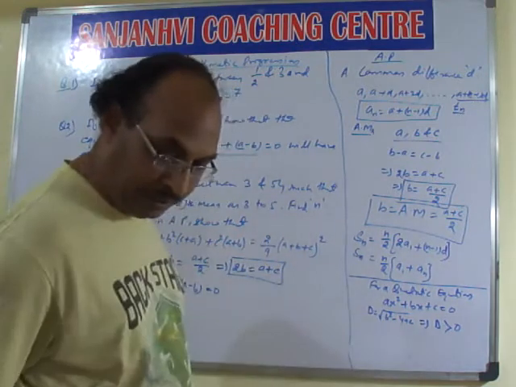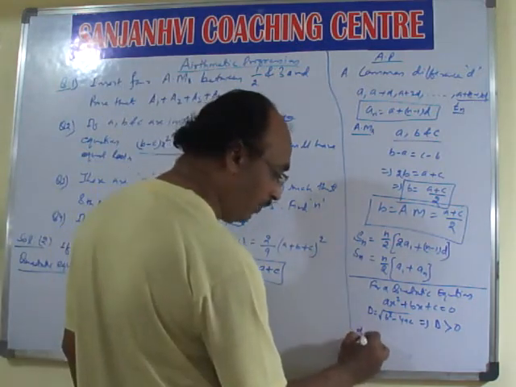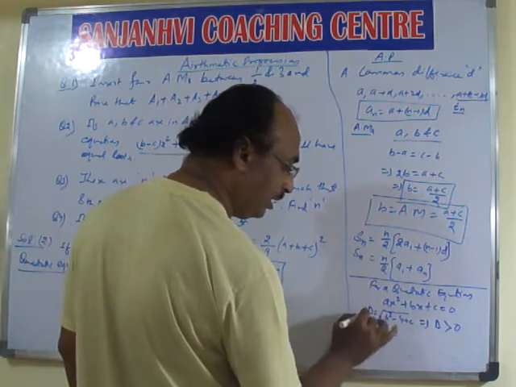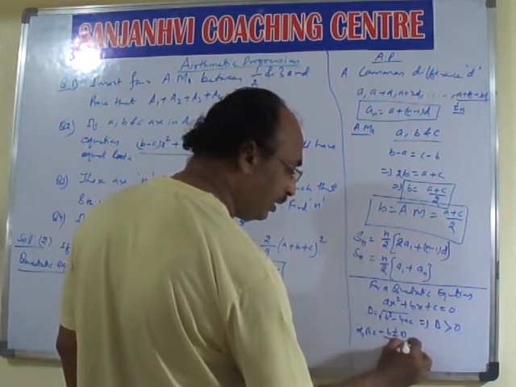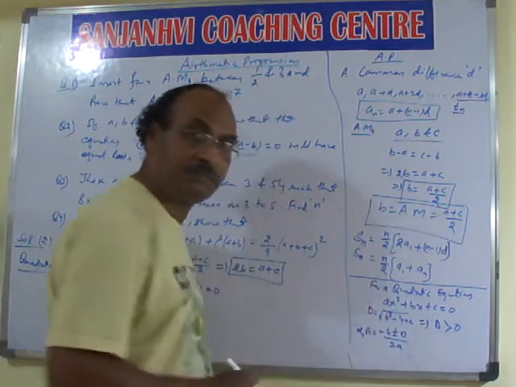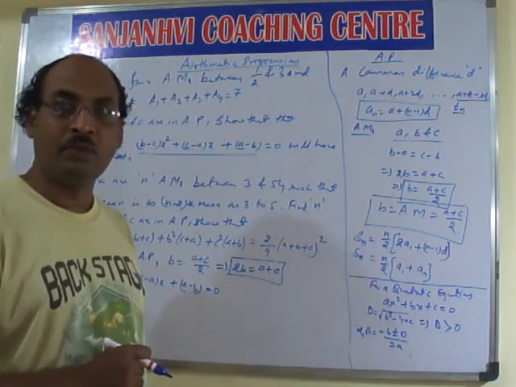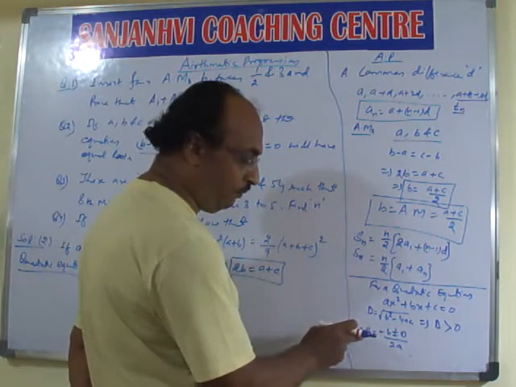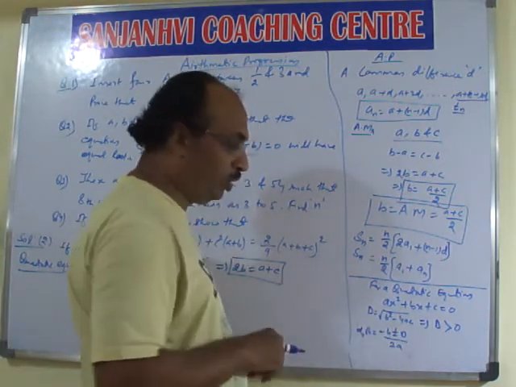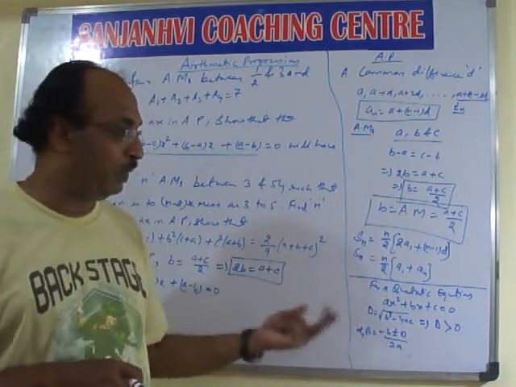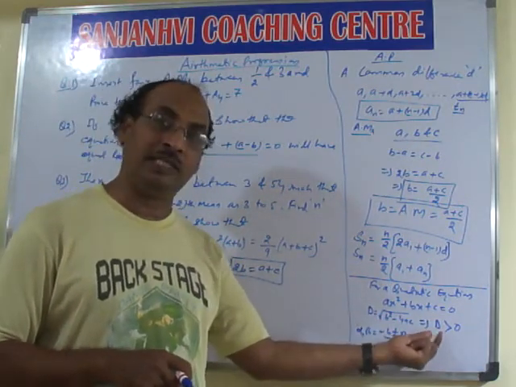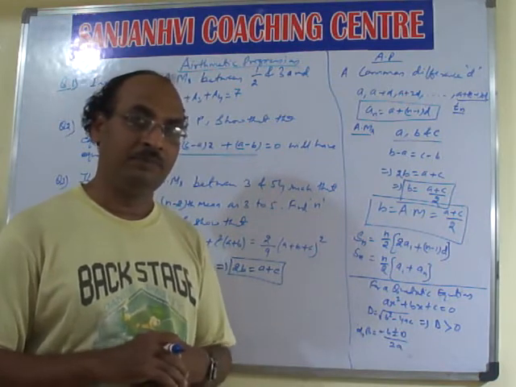Suppose you take the roots as alpha and beta: minus b plus minus root of D, by 2a. So the values of alpha and beta, the 2 roots of this quadratic equation, depend on the sign of this discriminant D.